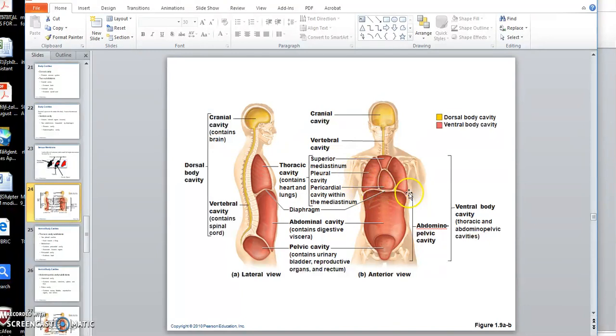Here is your diaphragm. Above the diaphragm, we have the thoracic cavity. Below the diaphragm, we have what we call the abdominal pelvic cavity. So the diaphragm essentially separates the thoracic cavity, and the thoracic cavity again is a ventral body cavity. So the ventral body cavity, the anterior body cavity, is in the front, diaphragm separated, and then here would be the abdominal pelvic.